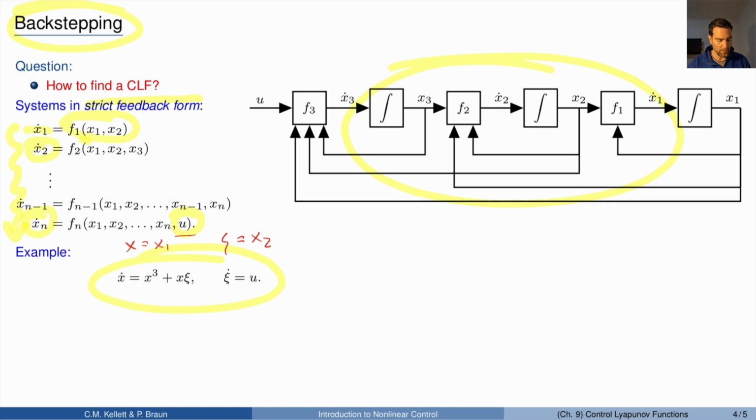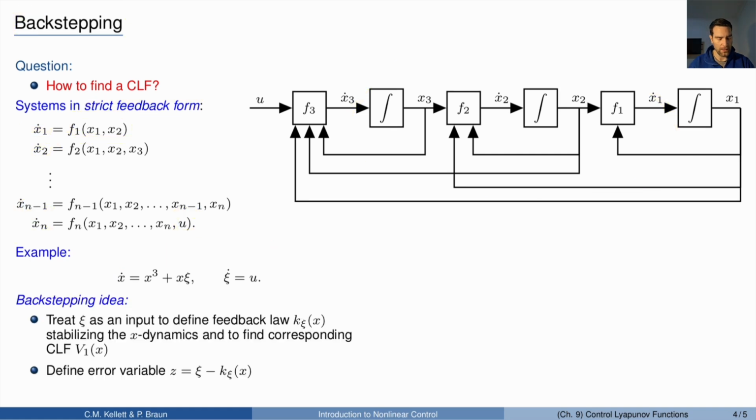But here, what we are going to first focus on is this first component of the dynamical system, where we now have x as one-dimensional, and we assume for the moment that psi is the input. If that's the case, then a construction of a controller and the corresponding control Lyapunov function stabilizing the origin of this one-dimensional system here is not too difficult.